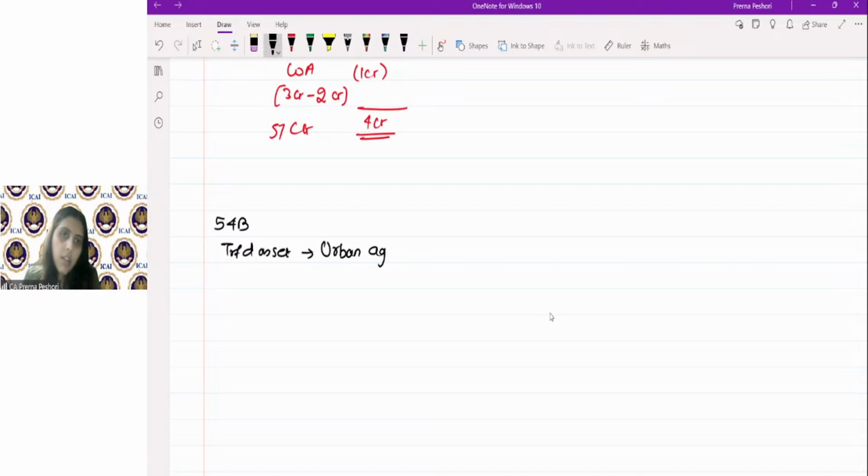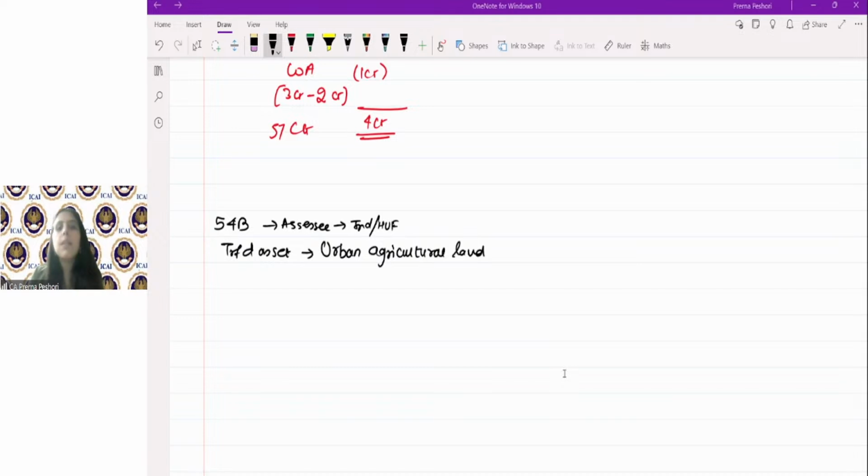Urban agricultural land. Rural agricultural land is any which way exempt. Compulsory acquisition of urban agricultural land is exempt. Clear? The assessee should be an individual or HUF. The transferred asset should be an urban agricultural land, which must have been used by the assessee in the 2 years immediately preceding the date of transfer.